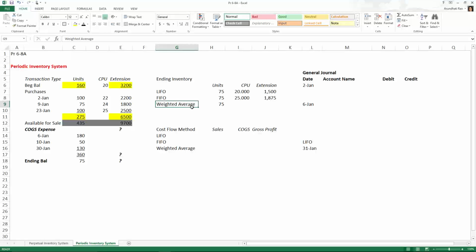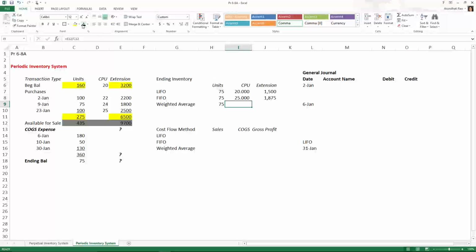For the average cost method, I take the total units available for sale. I take the extension of the total units available for sale, divide that by the units available for sale, and I come up with an average cost of $22.299 per unit, the average cost.